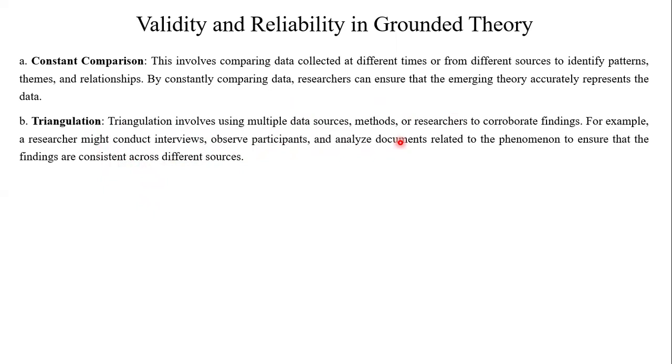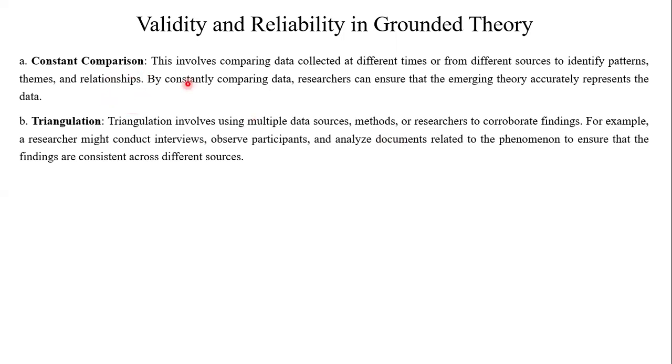So you collect data relating to a particular phenomenon from different sources, and all the sources are giving similar themes or patterns. So it makes your findings validated by grounded theory.